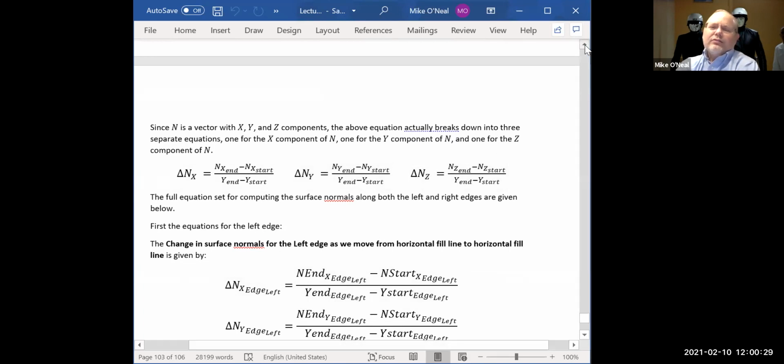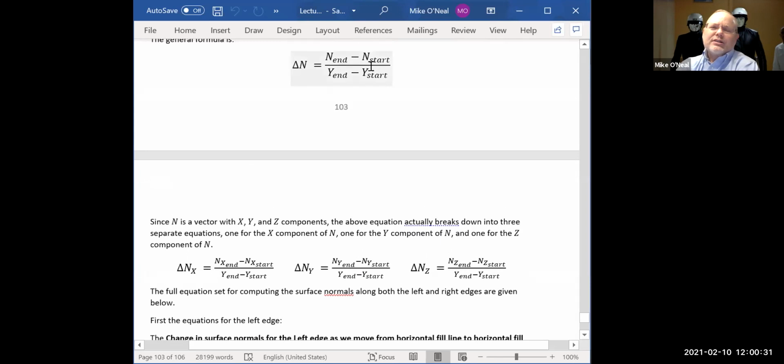So they're really three equations here rather than one, because n is a vector and y is just a scalar. This gives us the actual change in x, change in y, and change in z, and you have to keep up with each of those three things separately.